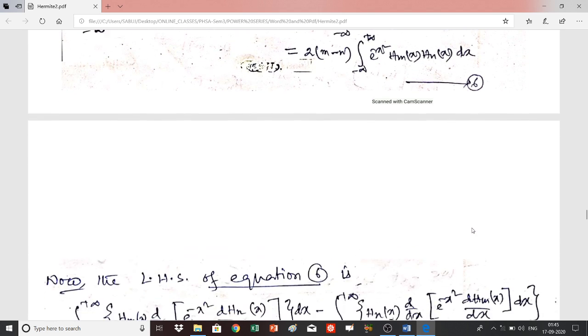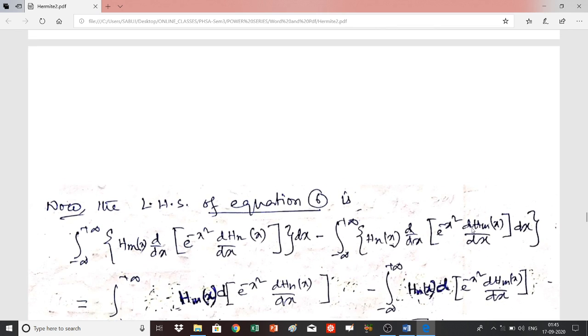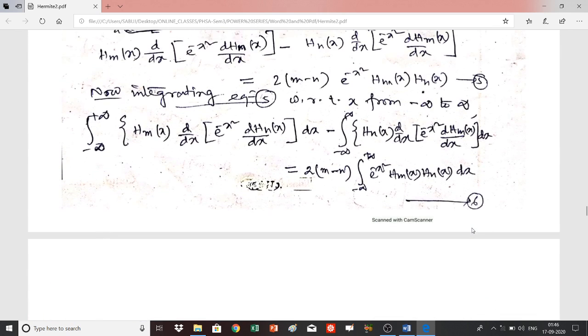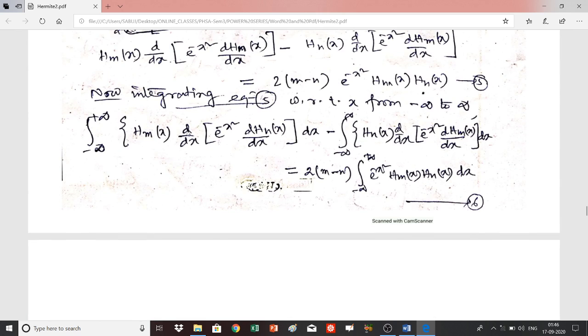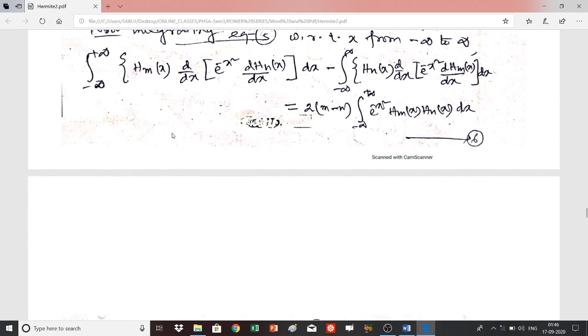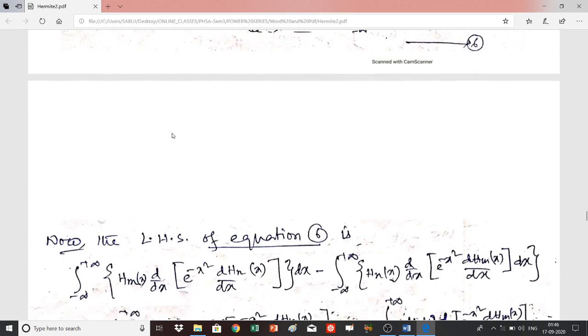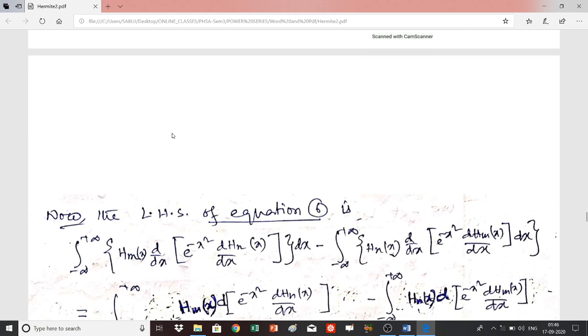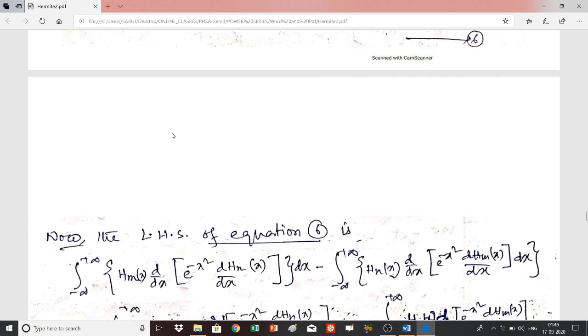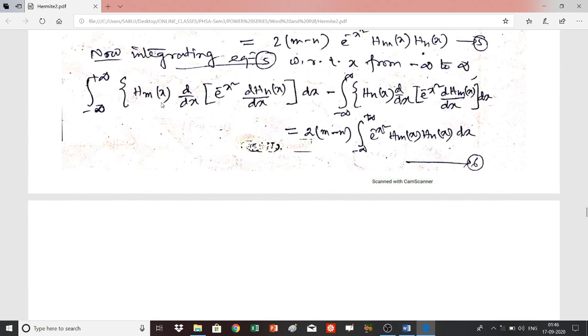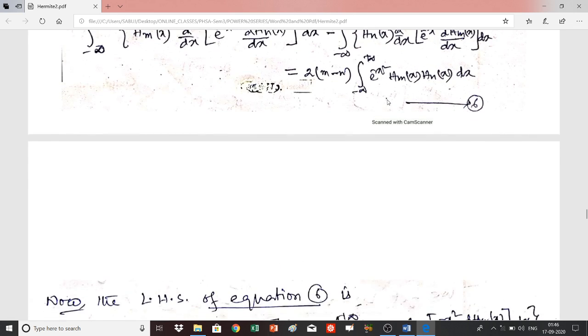Now from the left hand side of equation 6, you just integrate the left hand side. I am writing these two terms here once again.